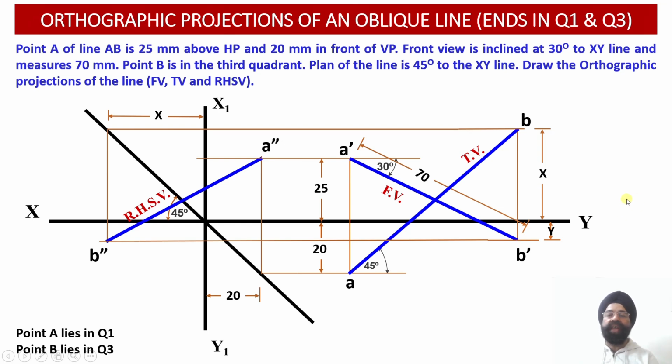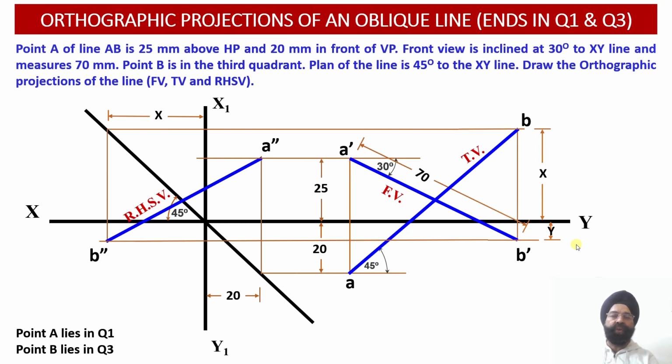So this way, using the fundamentals of the orthographic projections of the line, we have been able to obtain the apparent length front view projections, the apparent length top view projections, as well as the profile plane projections, that is the right hand side view projections of the line AB, in which the two ends happen to lie in different quadrants. So end A was lying in quadrant 1, while the end B of the line happened to lie in the third quadrant.